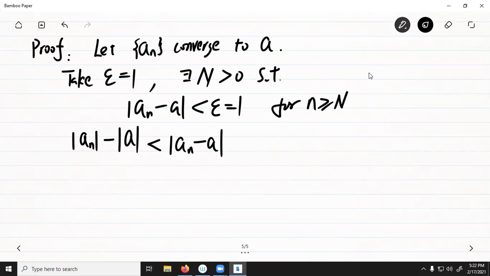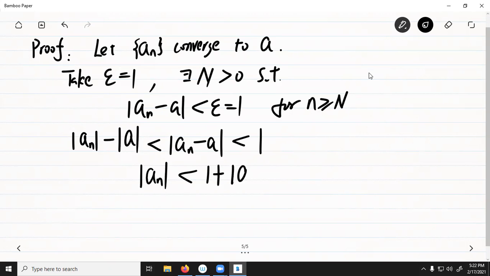Okay, in the homework you have this kind of inequality. So this one is less than 1, right? So we have AN, take the absolute value, is less than 1 plus the absolute value of A. A is a fixed number. Okay, A will not change. So this is true for n greater than or equal to capital N, right?